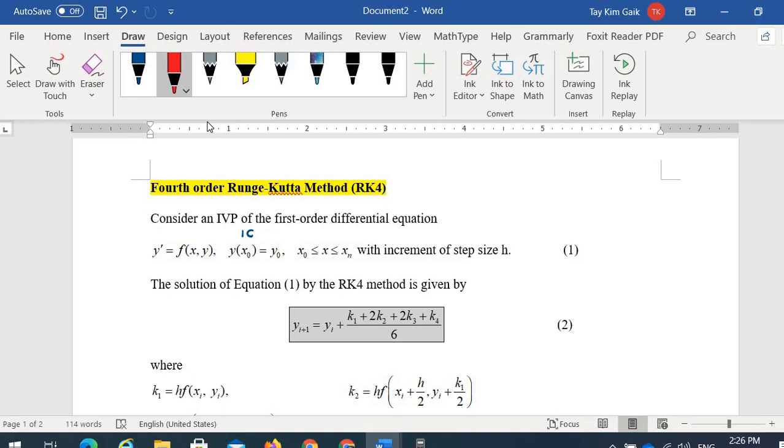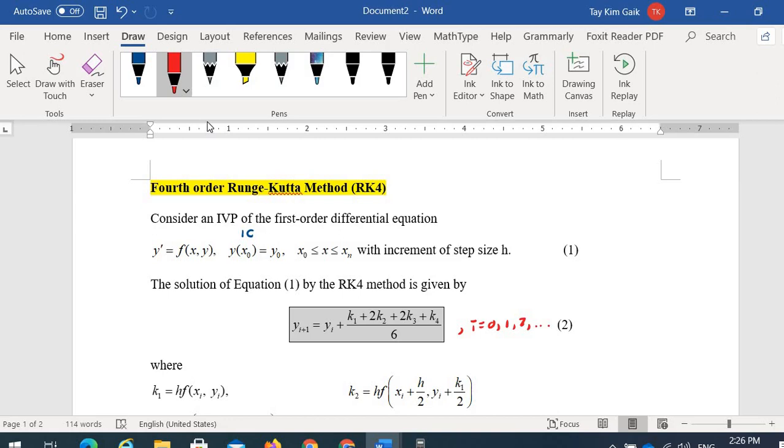The solution of this initial value problem of the first order differential equation by the RK4 method is given by y(i+1) equals yi plus (k1 plus 2k2 plus 2k3 plus k4) divided by 6, where i starts from 0, 1, 2, and so on.